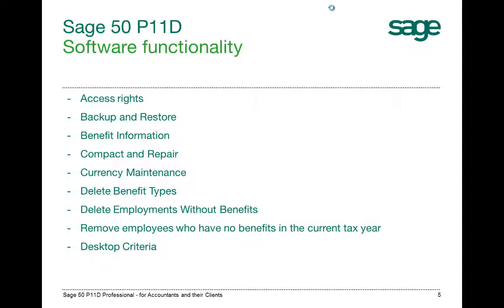And you can customise your Sage 50 P11D version 18 desktop to display your employees grouped by department, cost centre, or analysis fields. You can also customise the look and feel of the Sage 50 P11D desktop to suit your preferences. And you can also set up an inventory of assets that are gifted to or used by employees during the tax year.